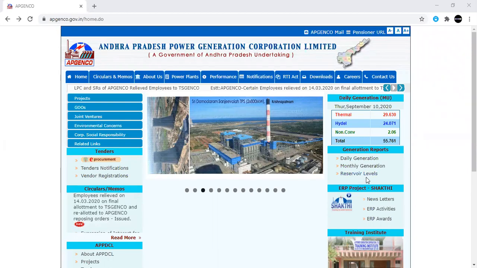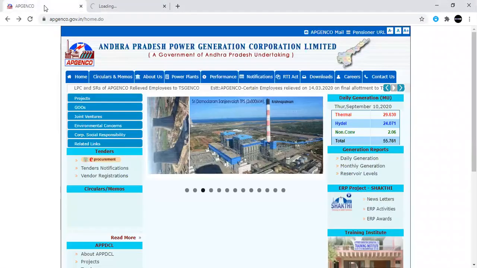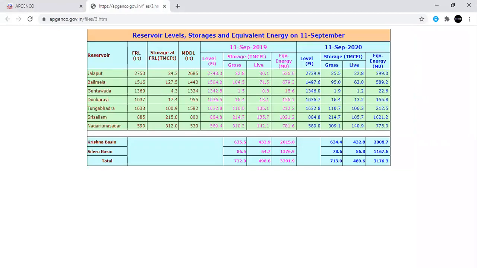Reservoir levels. This is very, very important. It explains why we say long term and short term, and the most important assumption we need to consider in the short term and the long term. So we already know the meaning of head. When you click on this reservoir, some storage data comes up.